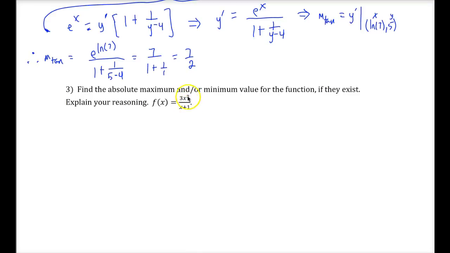So we have an instance here where we're going to have an oblique asymptote. And so the oblique asymptote, since the difference between the degree of numerator and denominator is 2, is going to be quadratic.